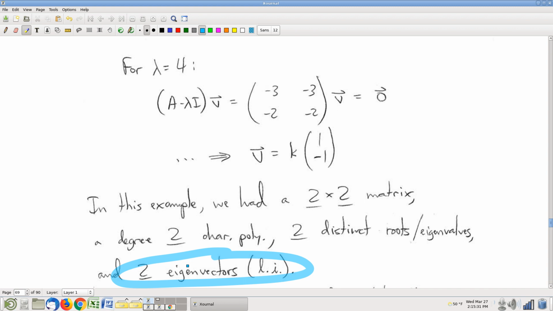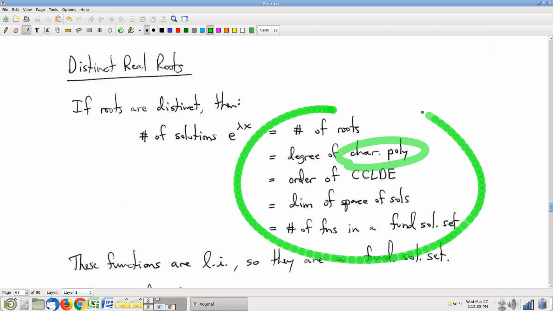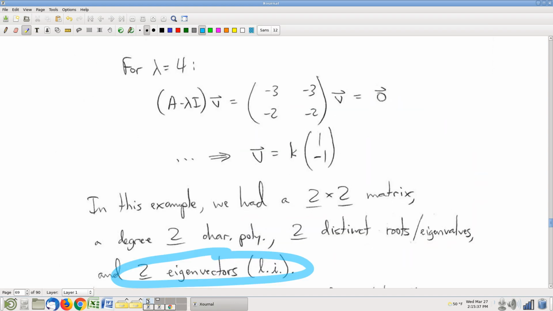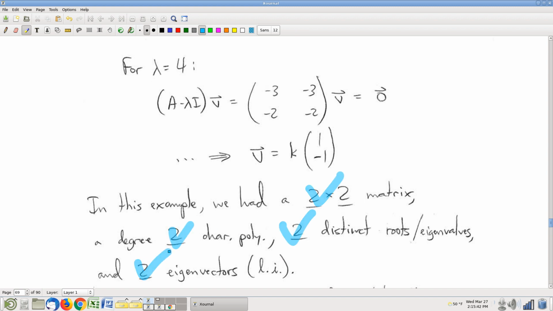And so we seem to be noticing, gosh, it's awfully analogous. These numbers are always the same. Could it be that these numbers are perhaps always the same? Fingers crossed. Wouldn't that be nice? We almost expect it to be true, just by analogy.